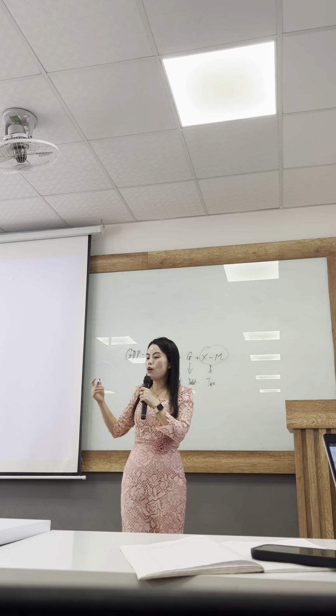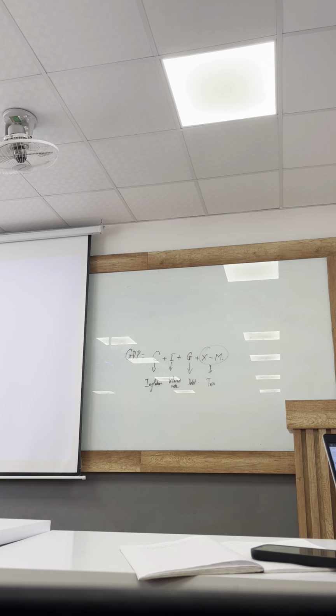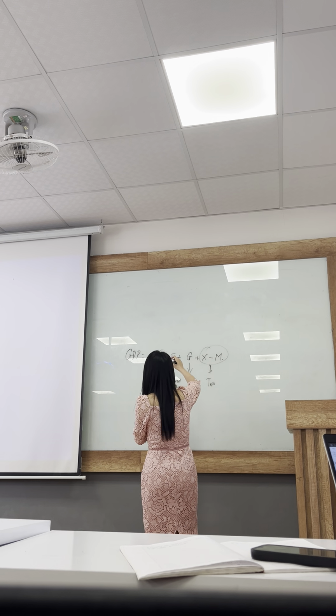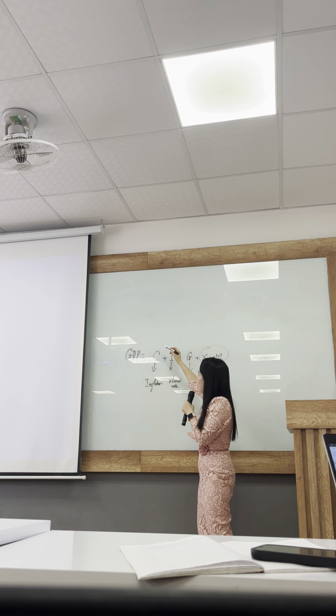First of all, we know that when the demand curve shifts to the right, it means that demand increases. It means that the demand for USD, or the demand for foreign currency, increases. And we have to investigate what factors make the demand for foreign currency increase. Now, we consider the first letter here, C, the individual consumption.